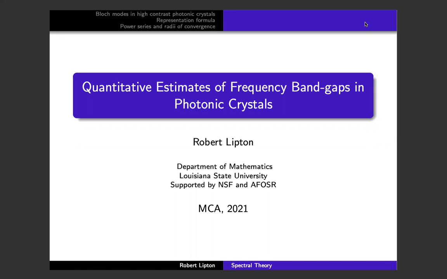And with that, we can then provide an explicit estimate for band gap size in photonic crystals made in a certain way. Without further ado, I'll go to the next slide.